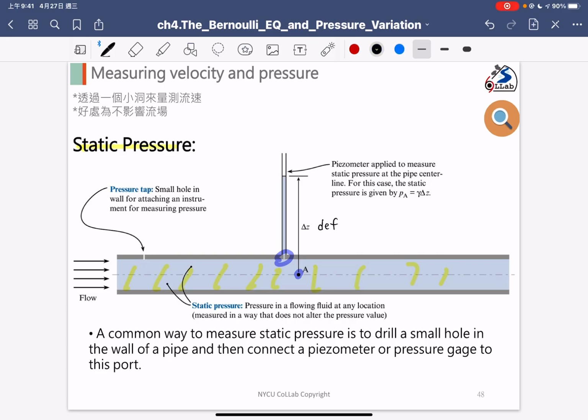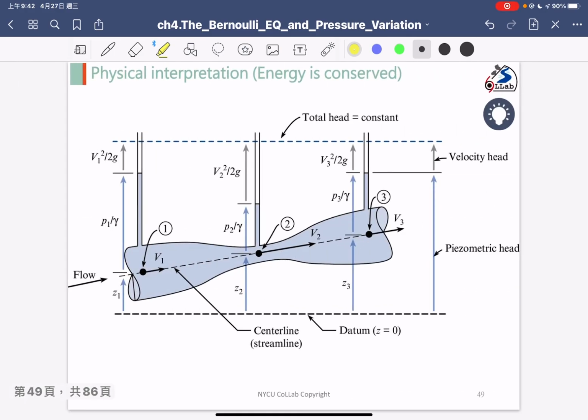The static pressure is given by P_A equals gamma delta Z, so we can use the deflection height to predict the pressure at location A. The topic here is how to measure the velocity and the pressure of the fluid particle.